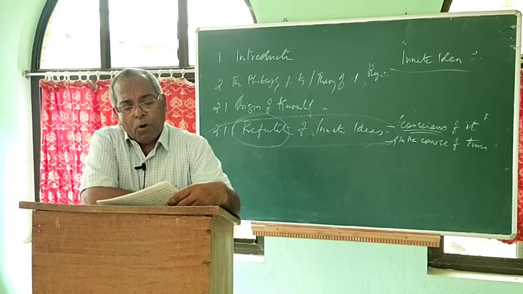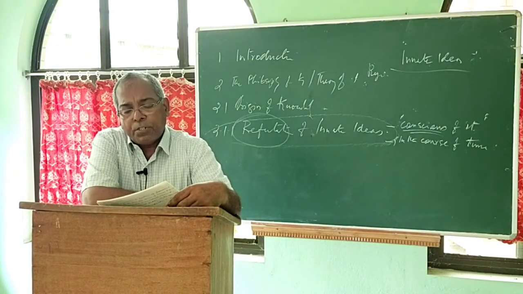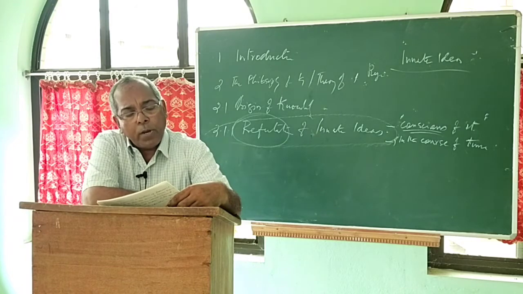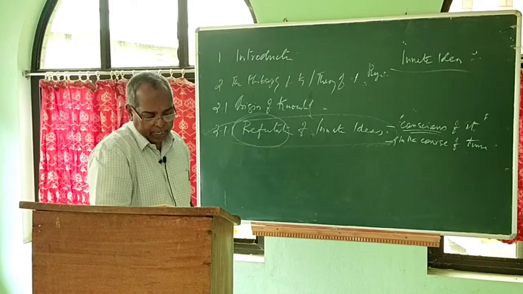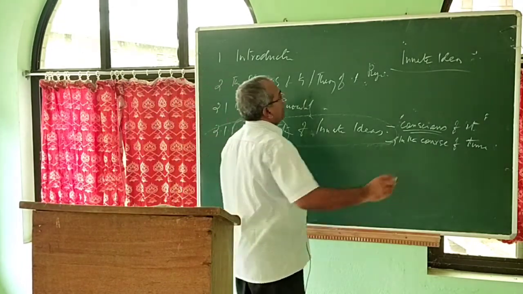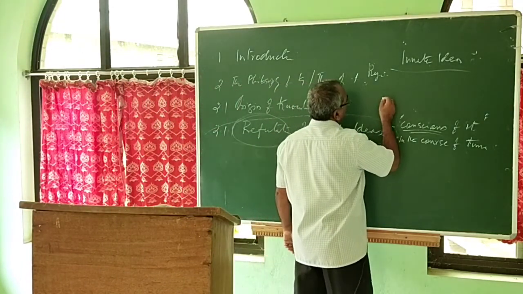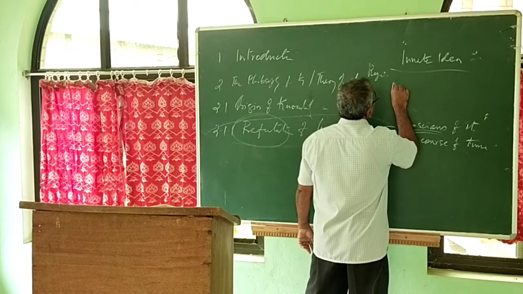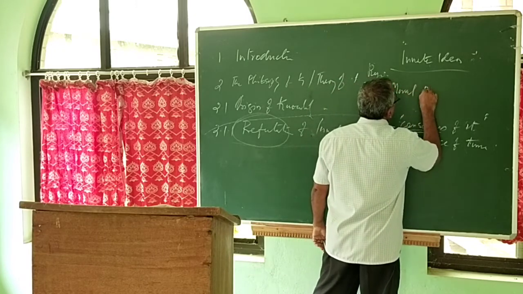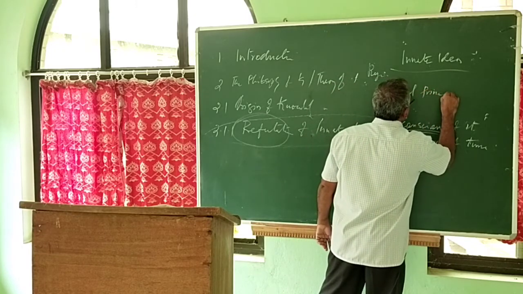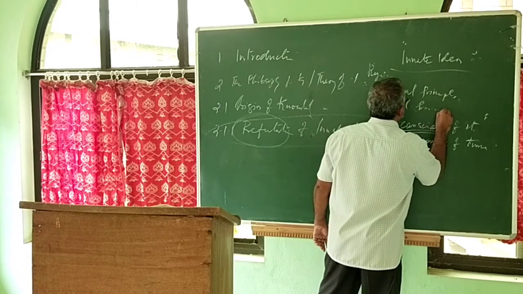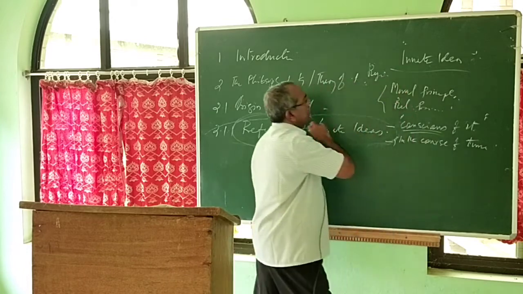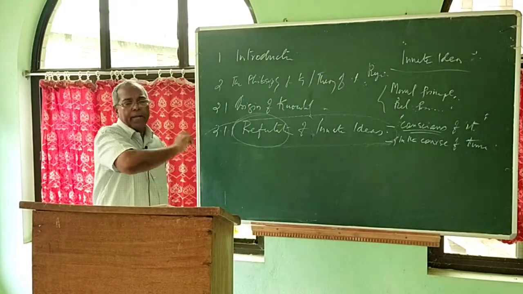Now, the criticism of innate principles can be extended to moral and religious notions. In other words, even the refutation of innate ideas is also applicable regarding moral principles, religious principles, etc. So, in other words, no innate ideas.